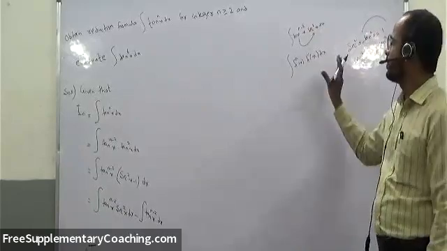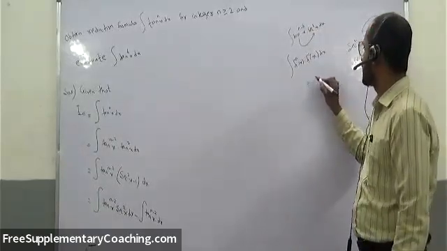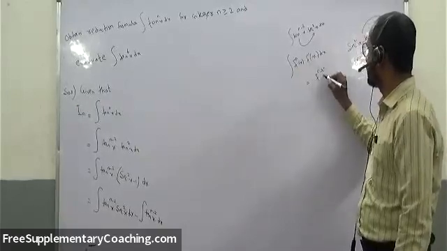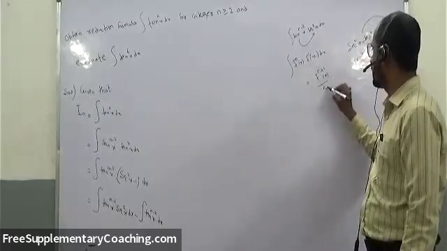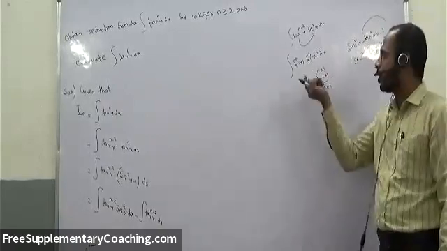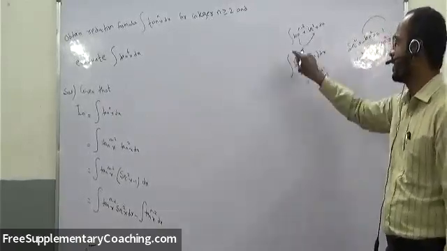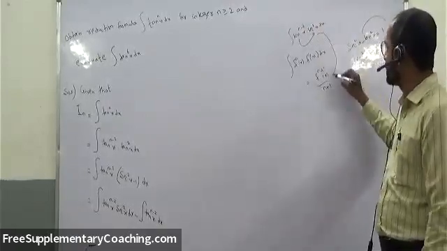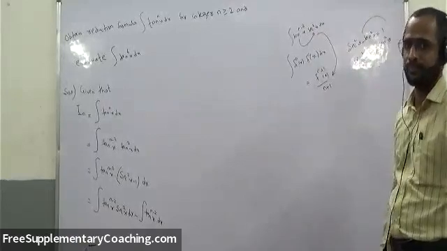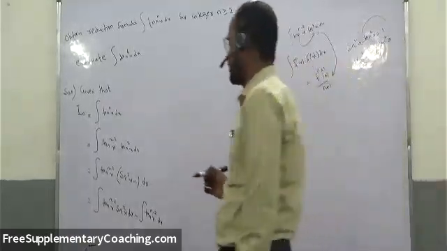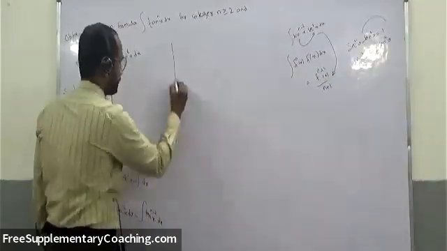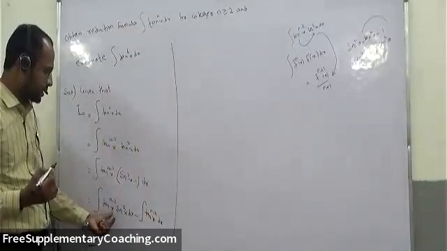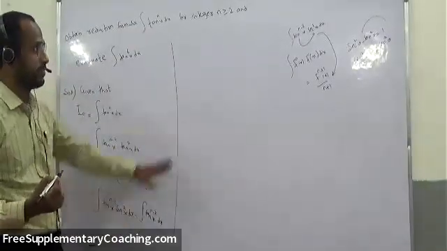If you get this form, you can convert it to f power n plus 1 of x by n plus 1. So according to this formula, I am going to change this particular term. Tan power n minus 2 x into secant square x dx satisfies that condition.